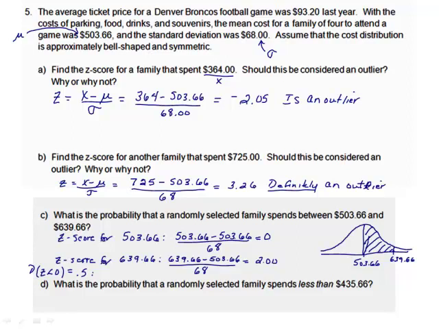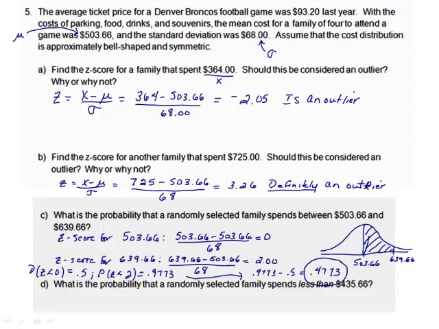So what we have to do for this, if we're going to use the table, is find the probabilities for each of our two z-scores from the table and then subtract our probabilities. So if we look up z equals 0 in our z-scores table, we'll get 0.5. If we look up 2 in our z-scores table, we get 0.9773. To find our probability, we're just going to subtract those two, and that's going to give us 0.4773.